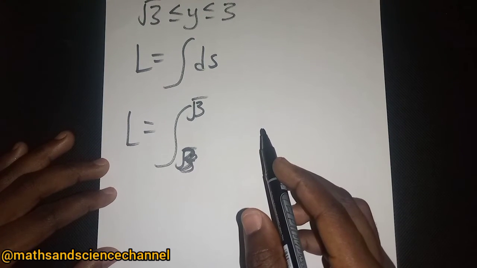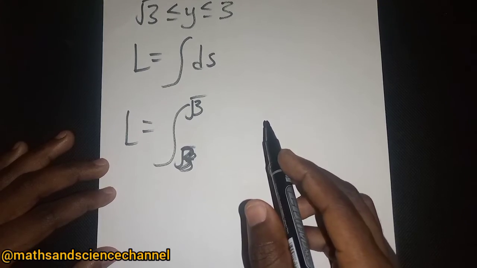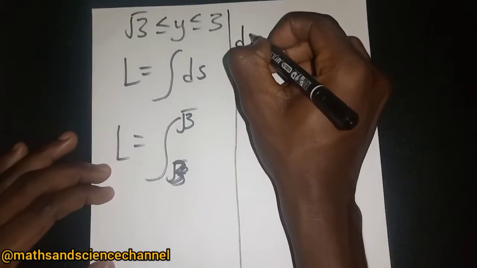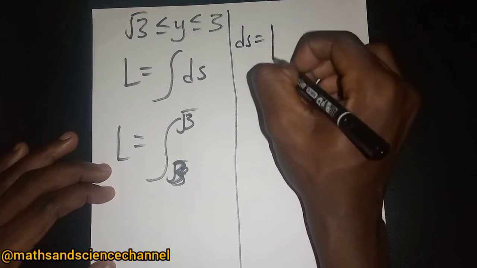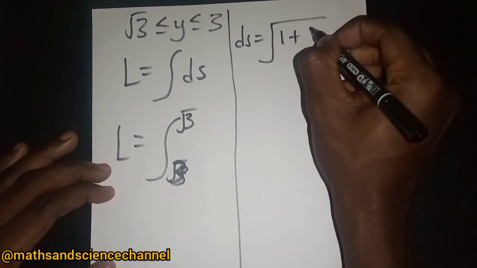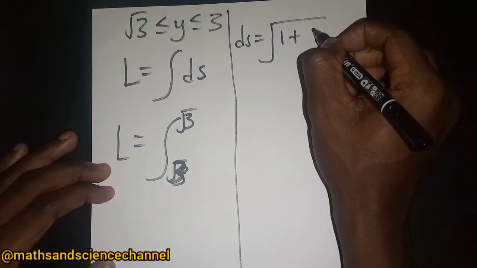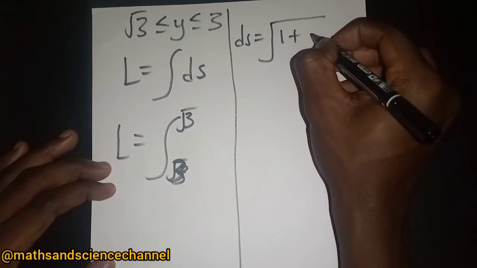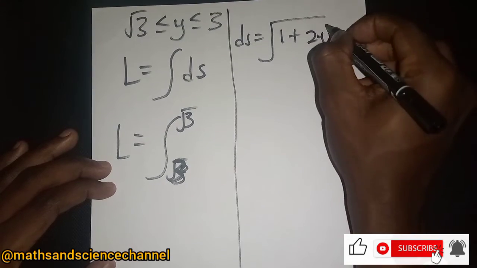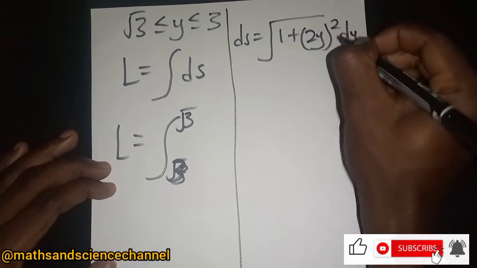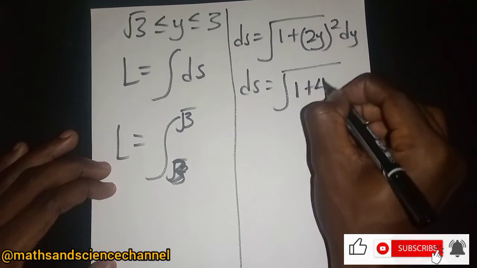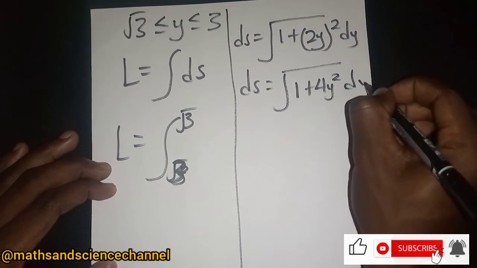So calculating the ds value, we have ds here being equal to the square root of 1 plus dx over dy, which we found to be 2y, then we square that, then dy. So ds here will be the square root of 1 plus 4y squared, then dy.